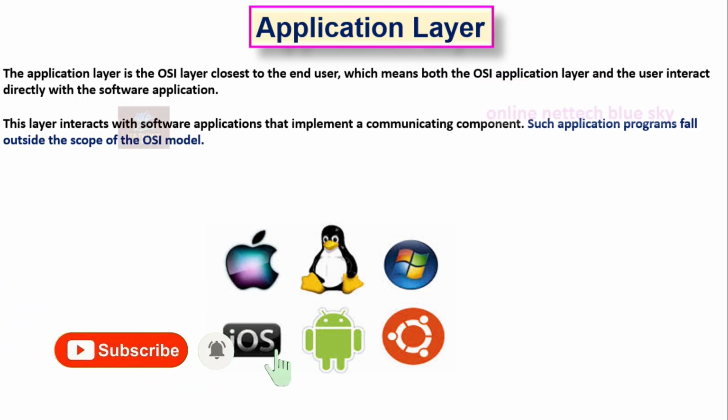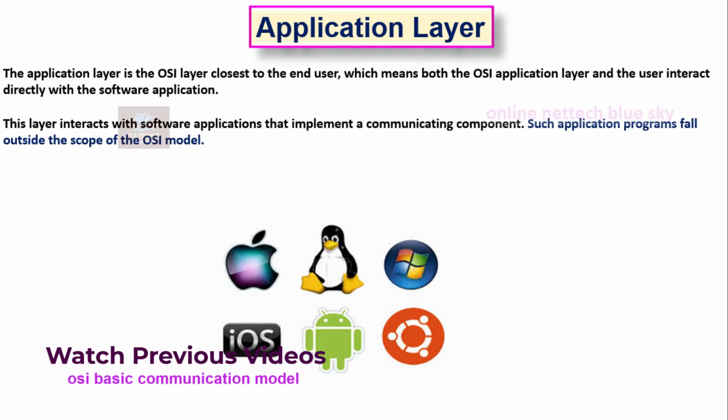So create your data first, then send it to other devices. How is this possible? Because the application layer is a communicating protocol.